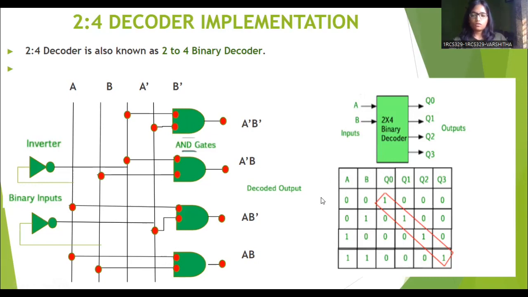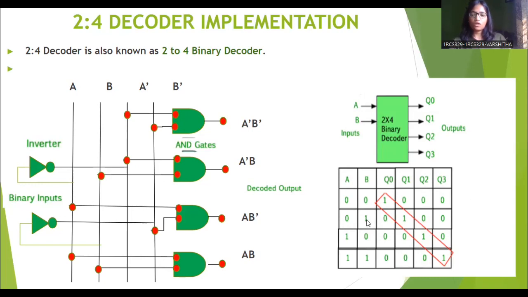As we observe this truth table, the output signal is active at only one state in each row. When we pass 0 and 0 as the input signal, Q0 is the only minterm which has 1, which is active for that input signal.